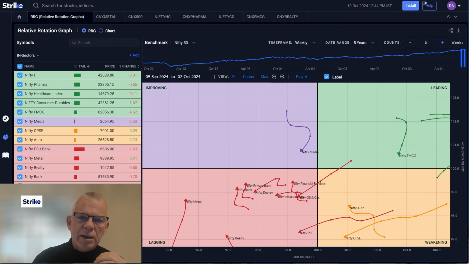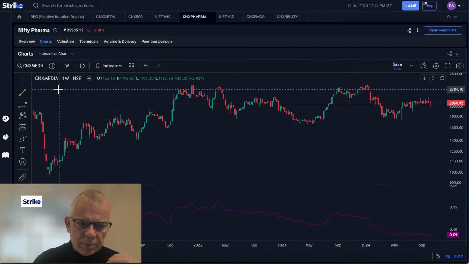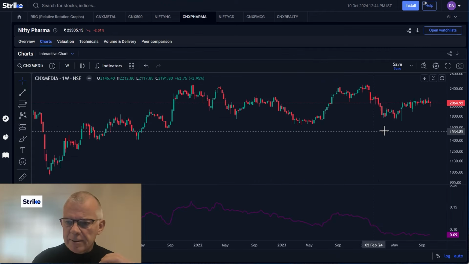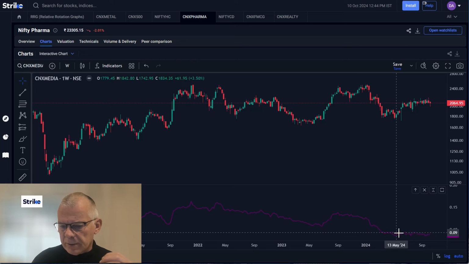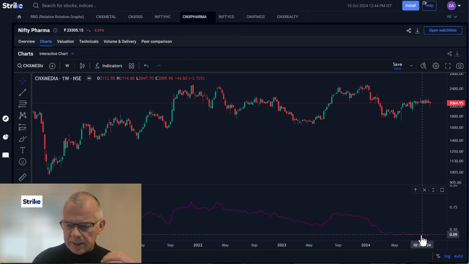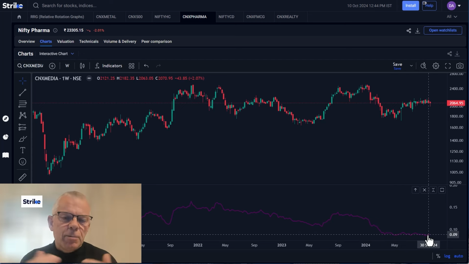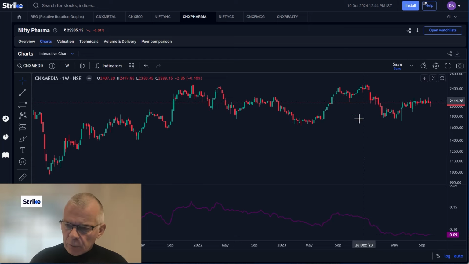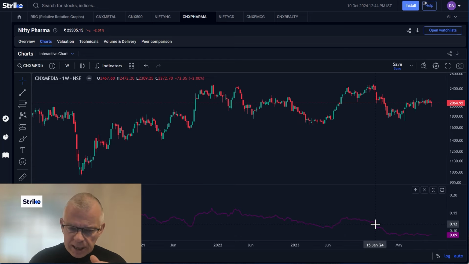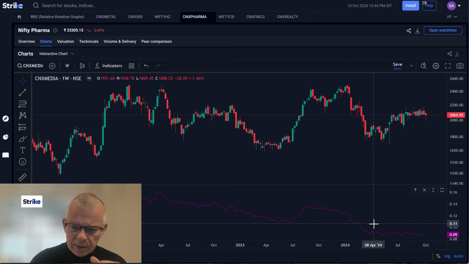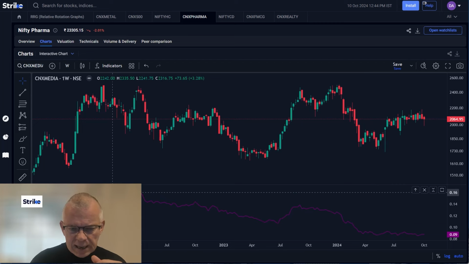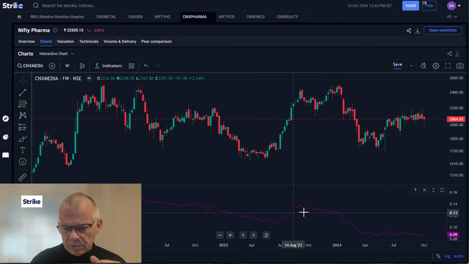You will see that when we bring up the chart for the media sector. You can see how this ratio line, which is what the RRG is all about, is almost flat. When that line is flat, you move in line with the benchmark. I have to zoom out a little bit to make it visible, but you see that relative downtrend that's already in play.